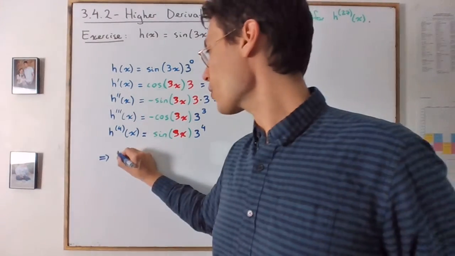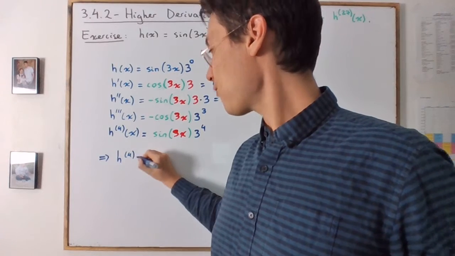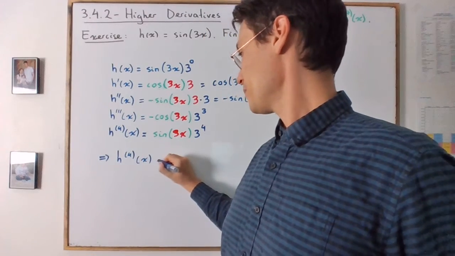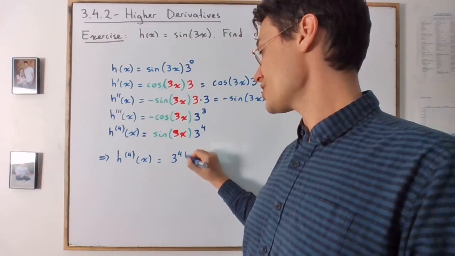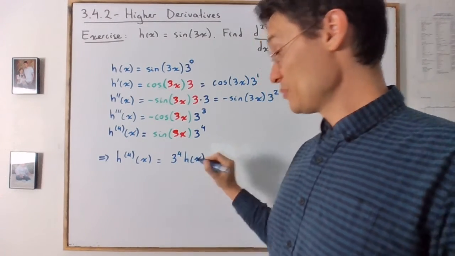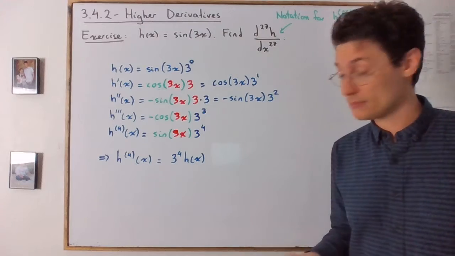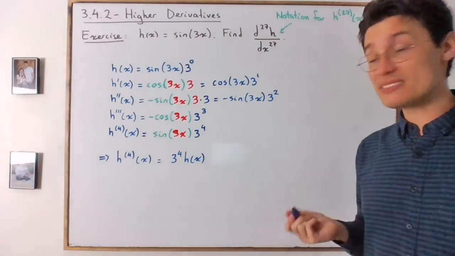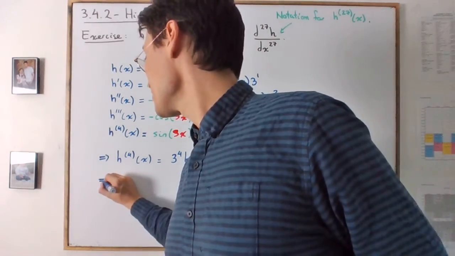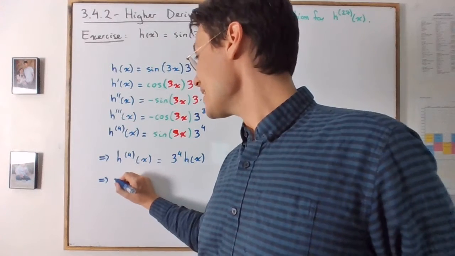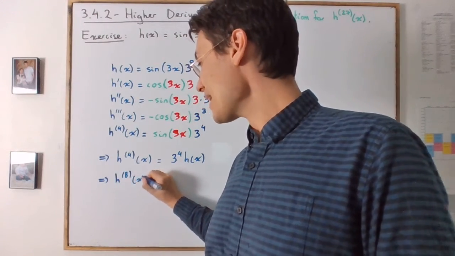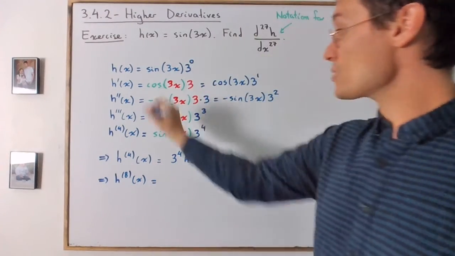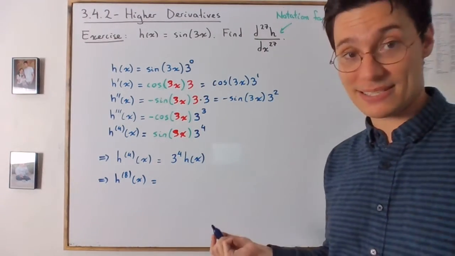So every time you take 4 derivatives, you're going to end up multiplying the function h of x by 3 to the 4. And you can obviously generalize this. So let's say you want to take 8 derivatives. Taking 8 derivatives will create this loop twice.